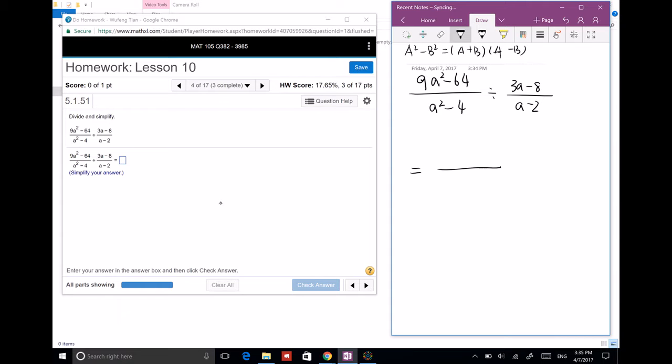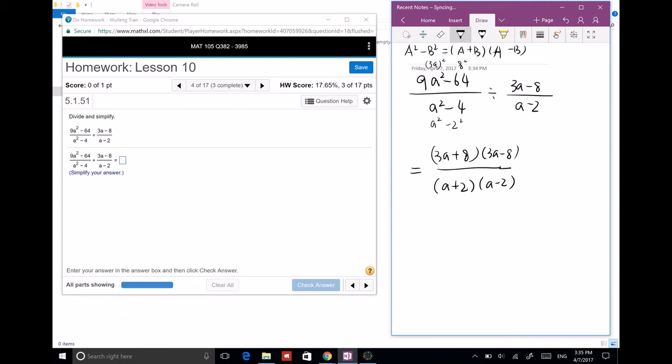So we know this is 3a squared, and 8 squared is 64. So it's 3a plus 8, 3a minus 8. Well, the bottom is a squared minus 2 squared, so it becomes a plus 2 times a minus 2.